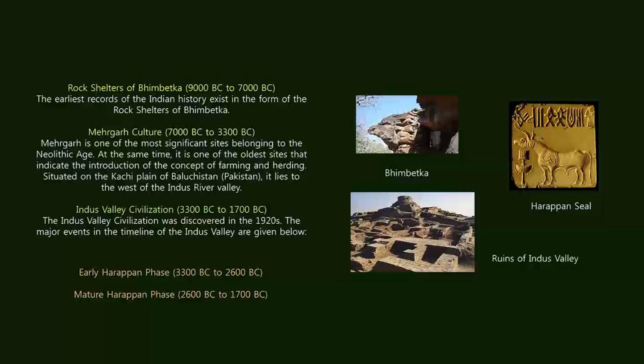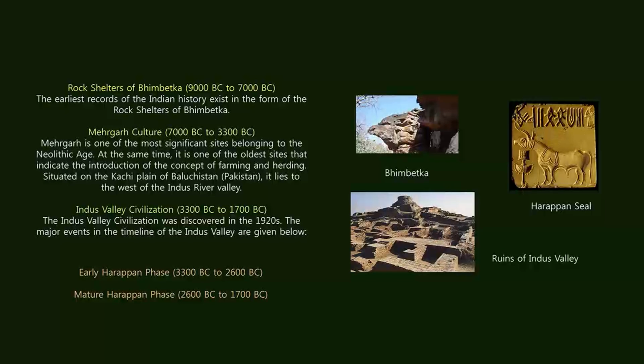Just one example. For a long time we knew that after the prehistoric period, that is the Bhimbetka phase of 10,000, 9,000 BC, the first important civilization that happened to flourish in the Indian subcontinent was the Indus Valley civilization, which started around 3000 BC and went on till 1700 BC.